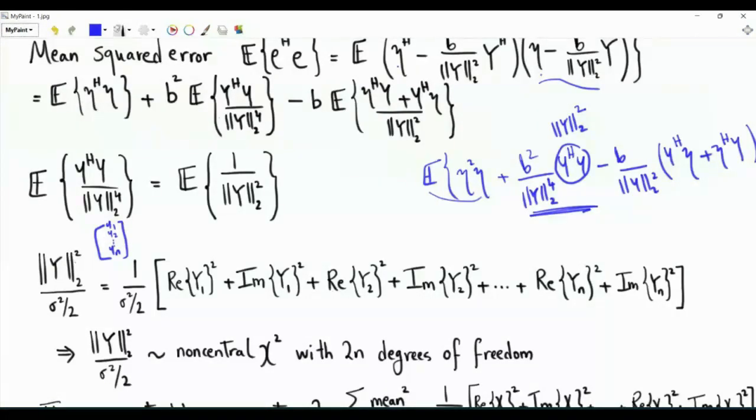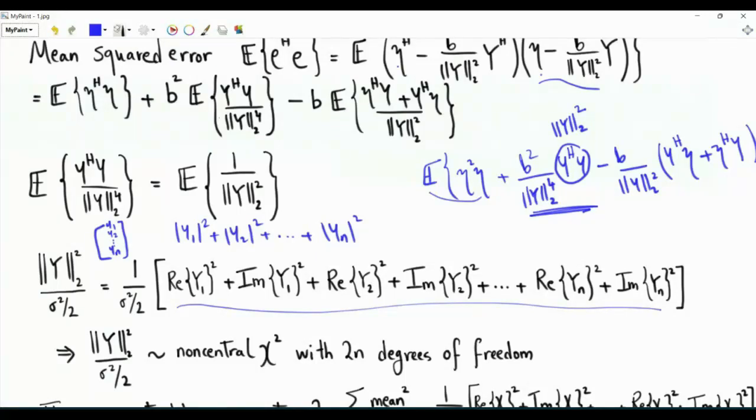So the L2 norm squared of vector Y is magnitude y1 squared plus magnitude y2 squared, all the way to magnitude yn squared. Each one of those is a complex quantity, and the magnitude squared is the real part squared plus the imaginary part squared. So the L2 norm squared of vector Y is the sum of 2n real valued Gaussian random variables.